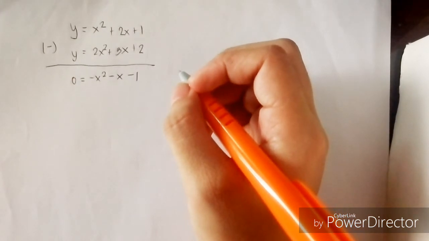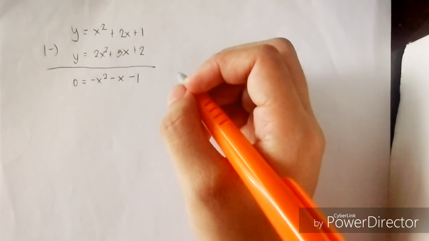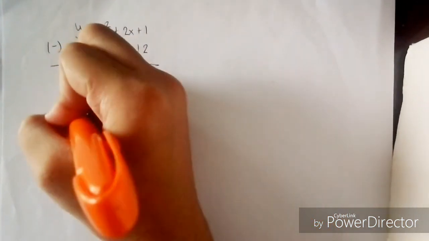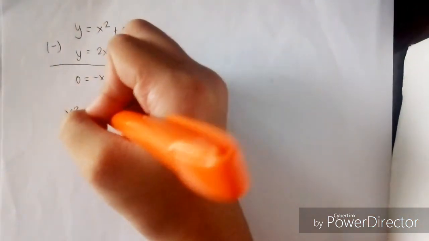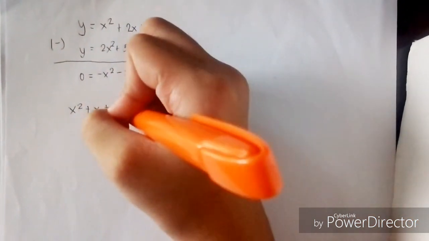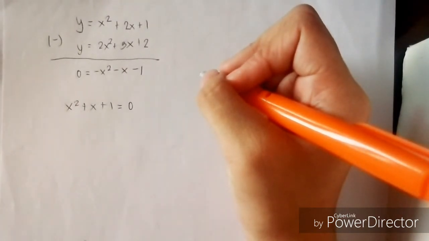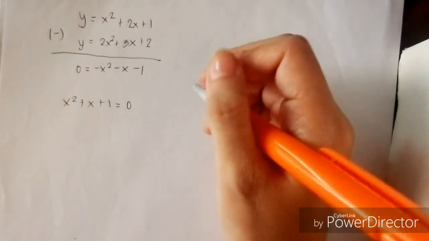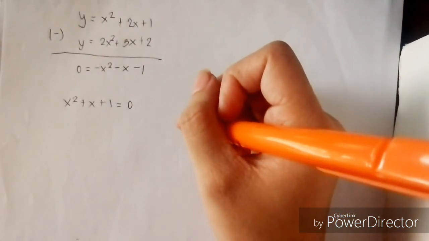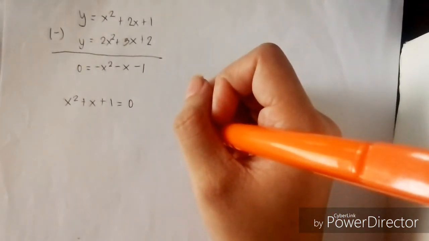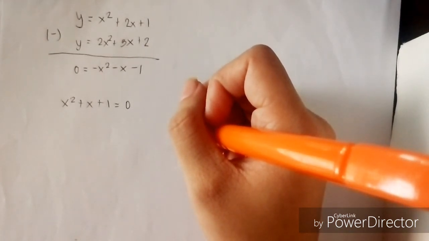After arranging the equation correctly, the answer will be x squared plus x plus 1 equals 0. After getting x squared plus x plus 1 equals 0, we cannot get x and y easily, so we will use the quadratic formula.